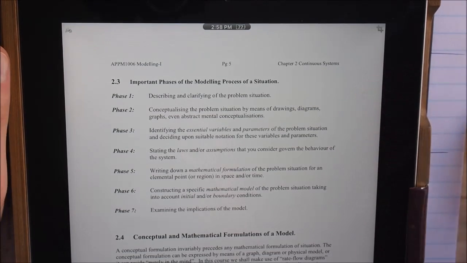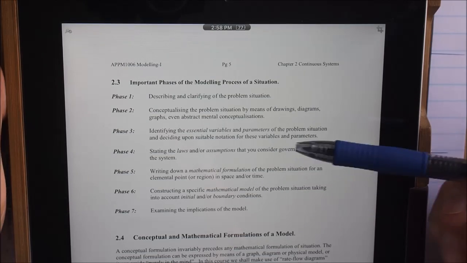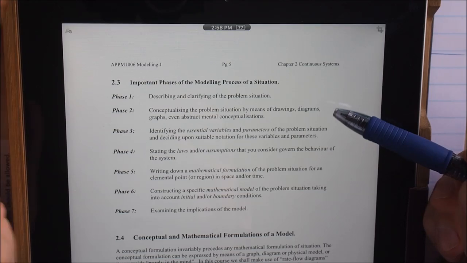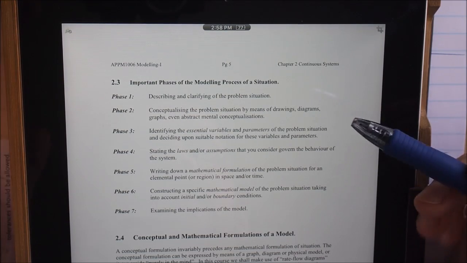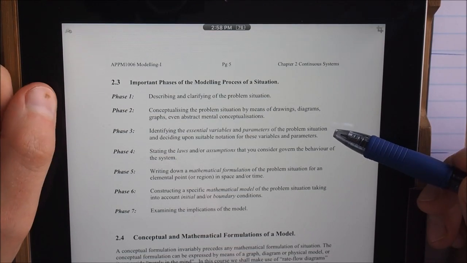What I want you to do is take this problem and describe and clarify it. Ask me any questions you might have, send me an email or tweet me or direct message me on Twitter. Conceptualize the problem, so write down any abstractions or diagrams that might help you interpret it.